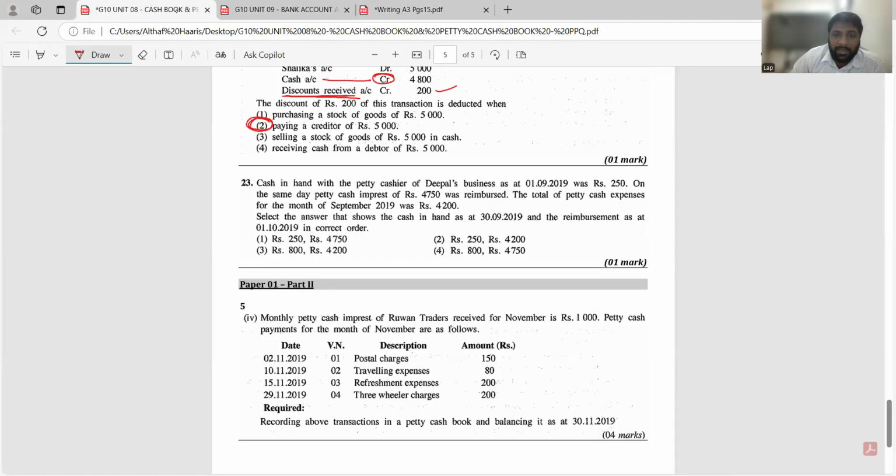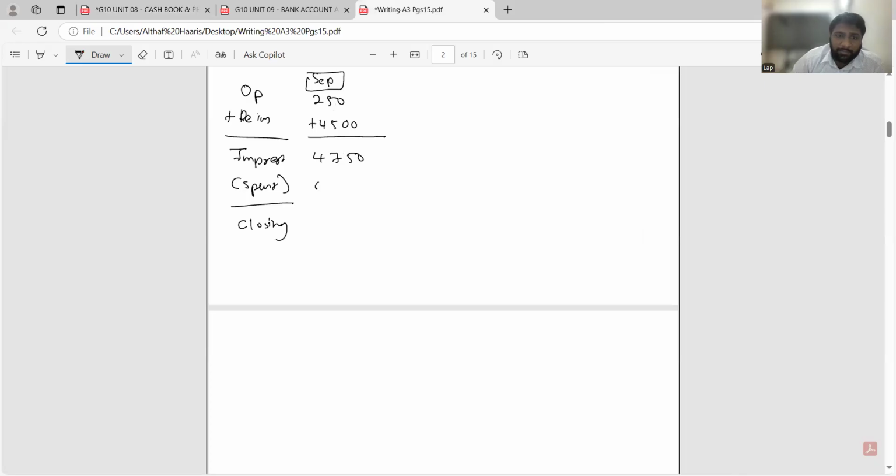And next, what are they telling? During the month of September, we have spent 4,200. Then the balance is 550. Then in the month of October, this closing balance will become the opening balance of 550.